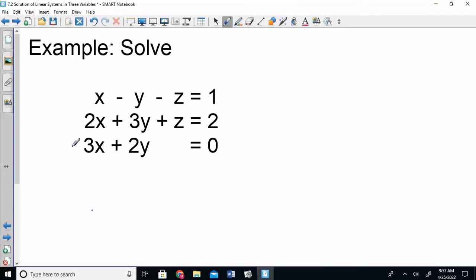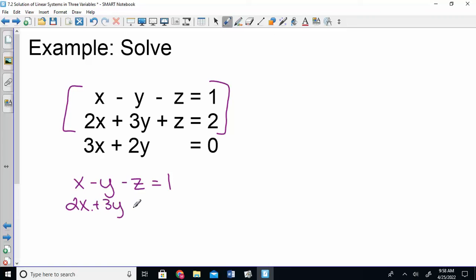No z on the third one. There's no z in the third one. So if I want to save myself time, since this one doesn't have a z, I would probably eliminate the z in the first and the second. So if I just pair those together, it's already set up to eliminate the z.